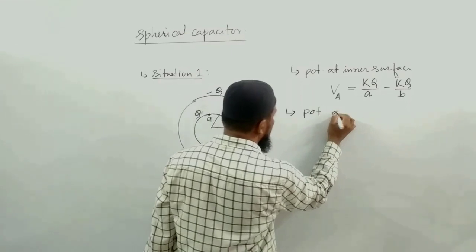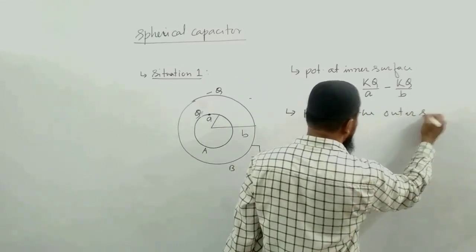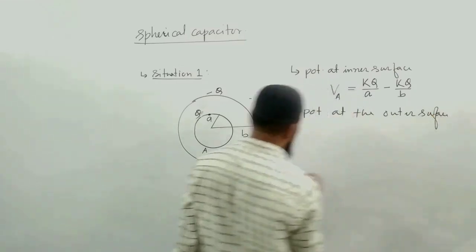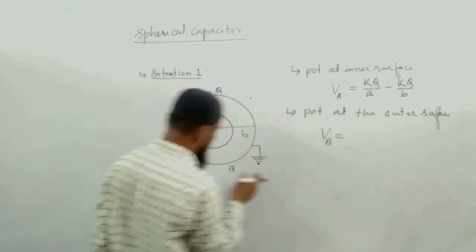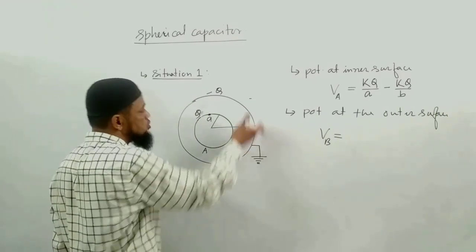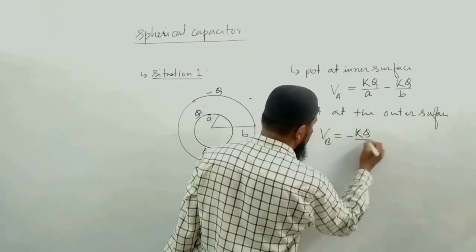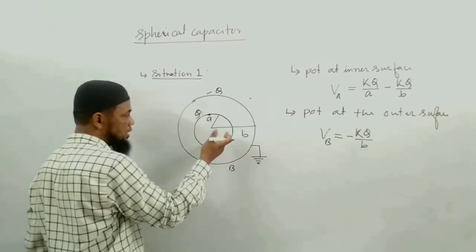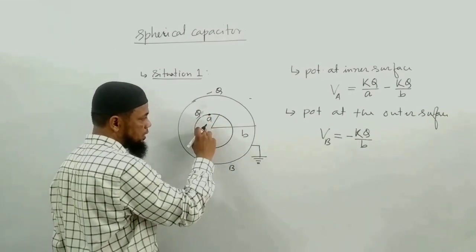Similarly, the potential at the outer surface, let me call it VB. How much will VB be? One potential is because of its own charge, which is minus KQ by B. Another potential is because of the charge present inside.